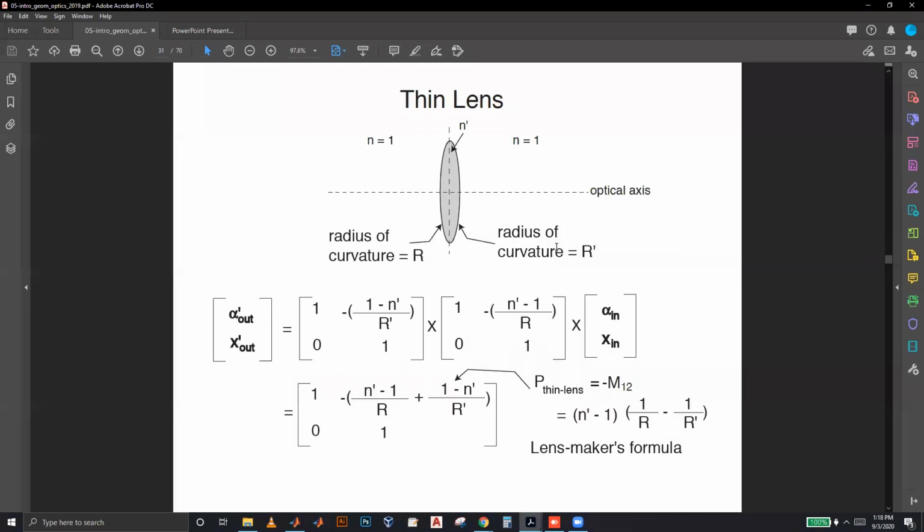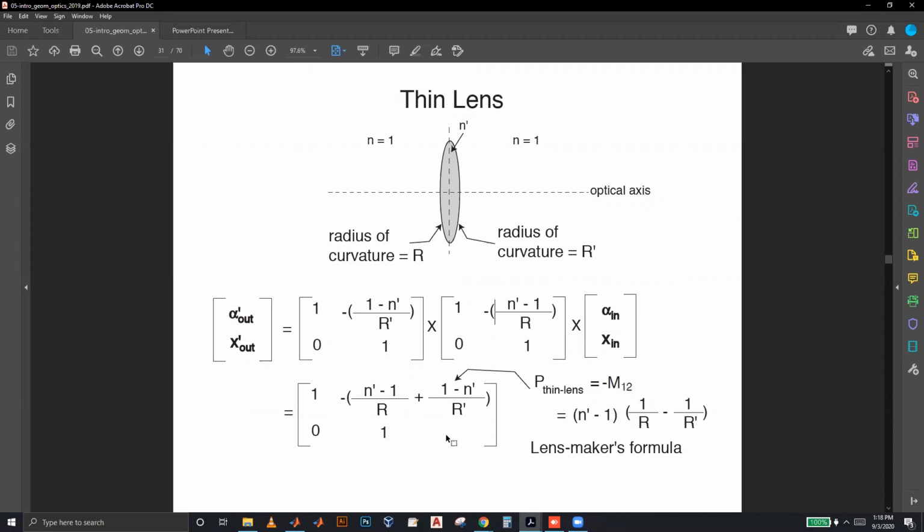It's made more general, so the two surfaces have two different radii of curvature, r prime on the right and r on the left-hand side. For the second matrix, we look at the first spherical interface: n prime minus 1 over r with the negative sign in front. Everything else is 1, 0, 1, 1, 0.